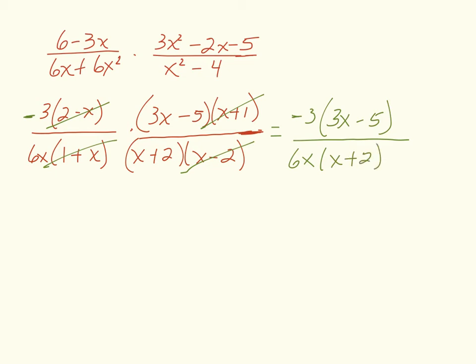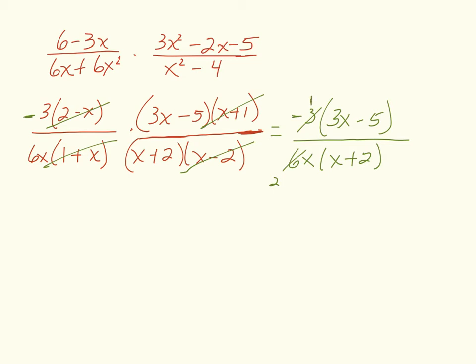Okay, but look at the negative 3 at the top and the 6 in the bottom. That reduces, so we have that 3 divides into that 6 2 times, and this becomes a 1.